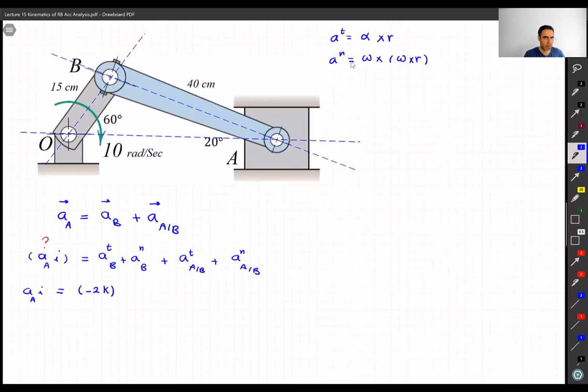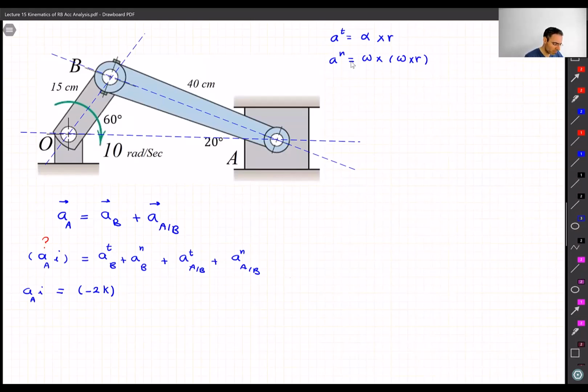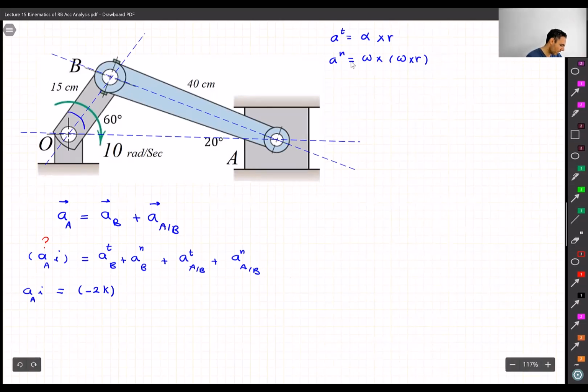And similar to omega, it is K. It's coming out of the screen or going into the screen, which in this case, it's going into the screen, right? Because it is clockwise. This is alpha. So this is alpha, this is omega.